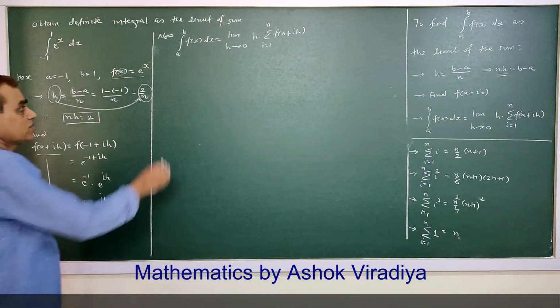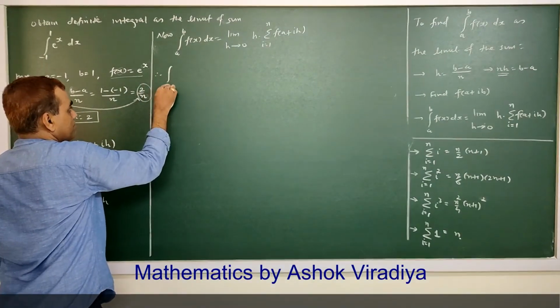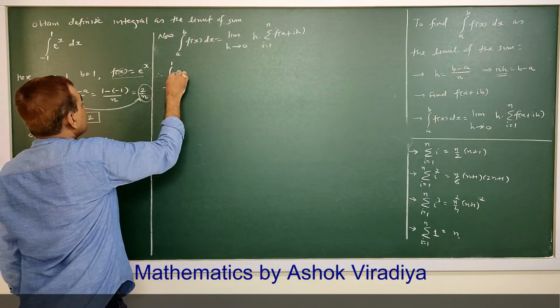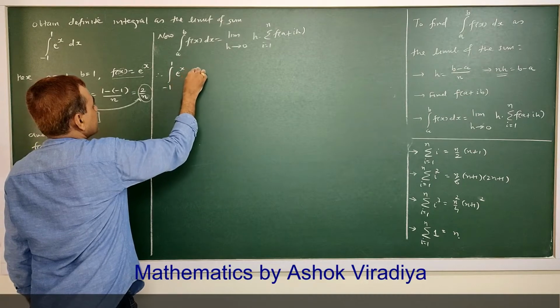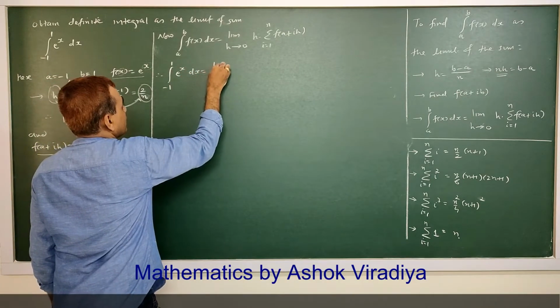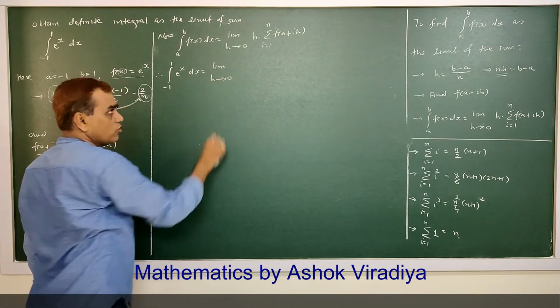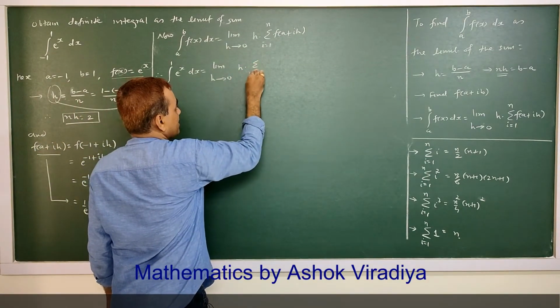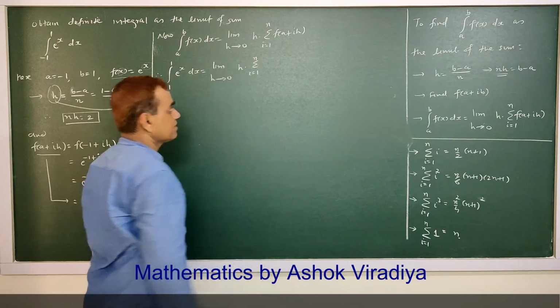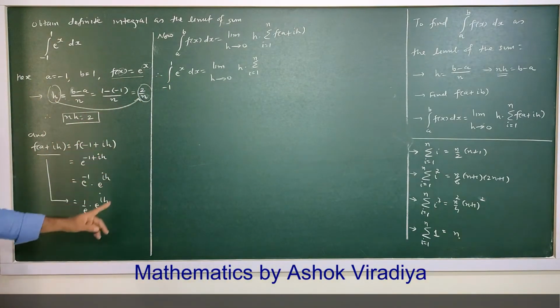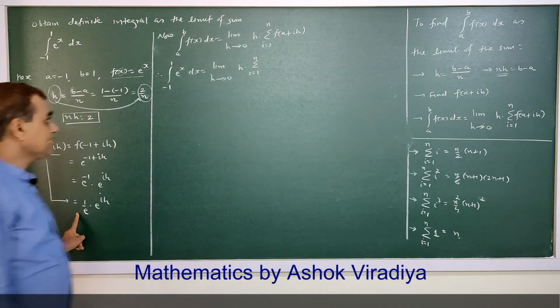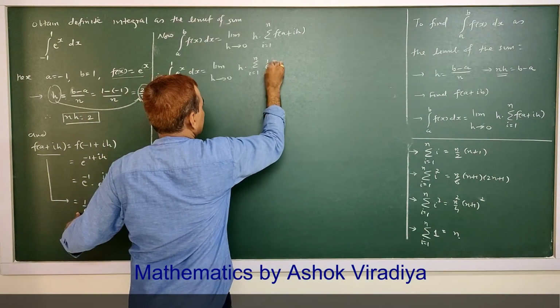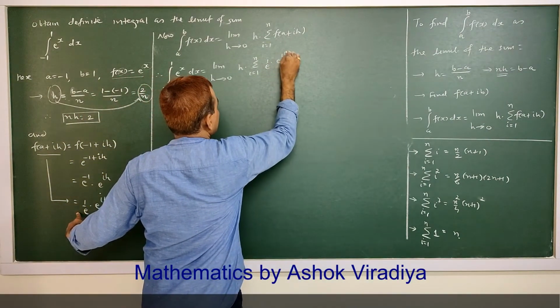Putting values: integral from minus 1 to 1 of e raised to x dx equals limit h tends to 0, h into sigma i equal to 1 to n of f of a plus ih, that is 1 by e into e raised to ih.